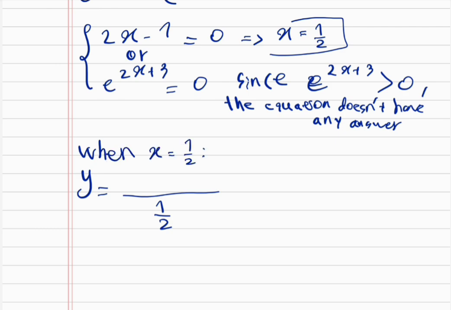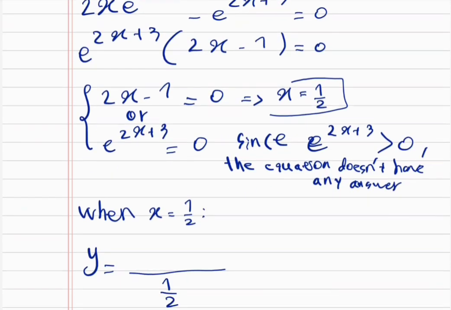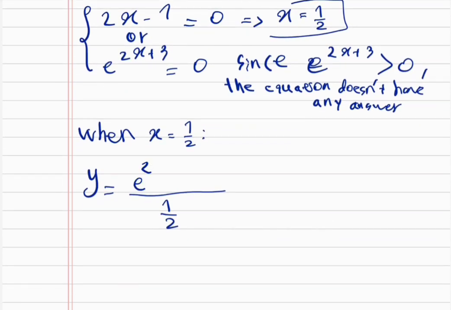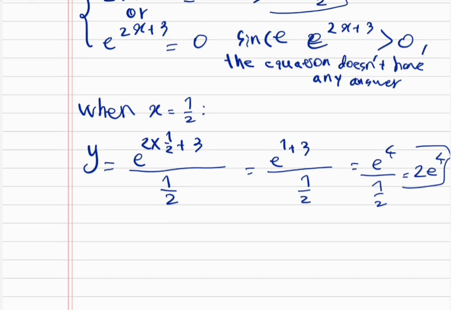When x is equal to a half, y is equal to a half in the denominator, and in the numerator is e to the 2x plus 3. So it's e to the 2 times a half plus 3. Let's simplify that. On the numerator, it's just going to be 1 plus 3, which is e to the 4, divided by a half, which is 2e to the power of 4. So this is the y coordinate of the stationary point.